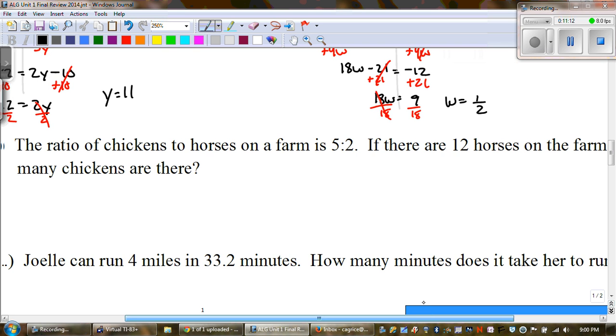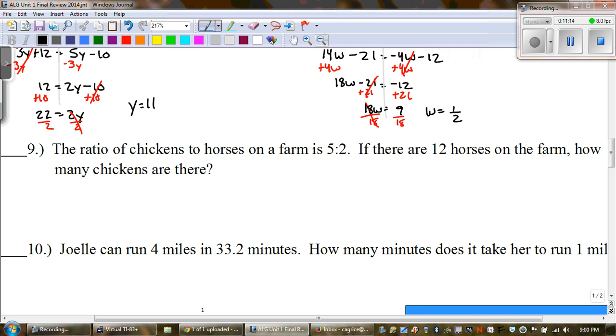So it tells us that the ratios of chickens to horses on a farm is 5 to 2. Okay, remember that that was chickens to horses, and that was 5 to 2. If there are 12 horses, and we said that the horses go on the bottom, how many chickens are there? Okay, so let's just do proportions.